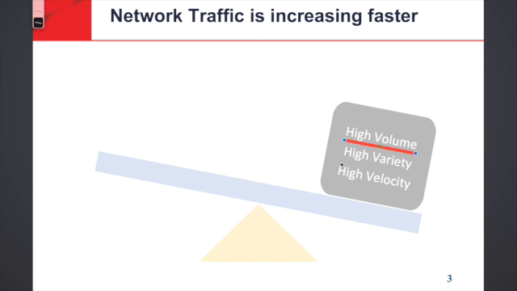High variety. Different users love different kinds of surfing types, so we need to deal with all kinds of data. Our detection method needs to be general enough to detect even the slightest attack among those various kinds of traffic. High velocity.